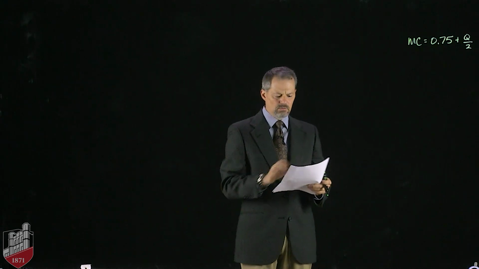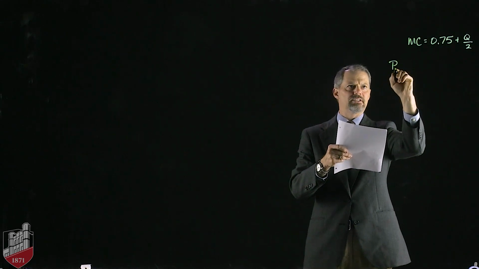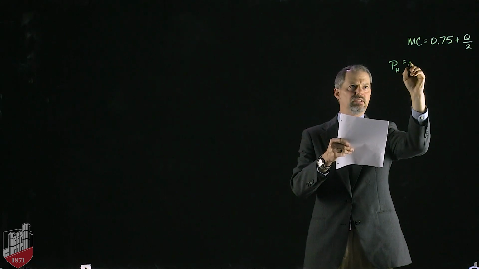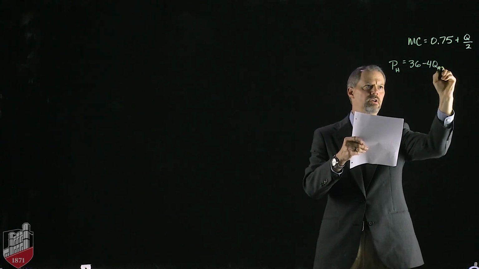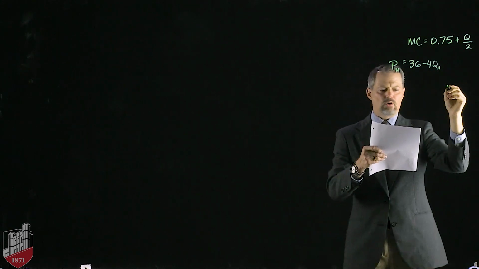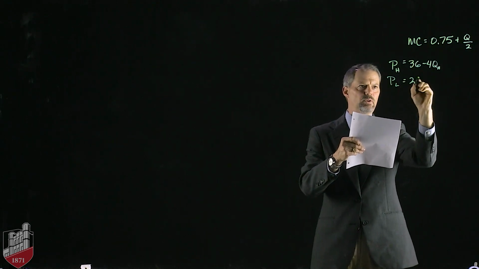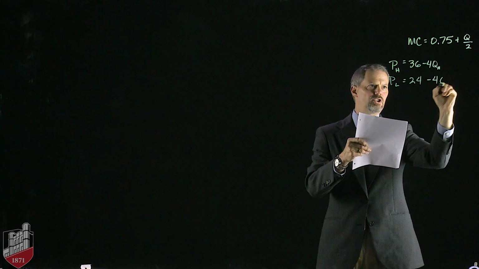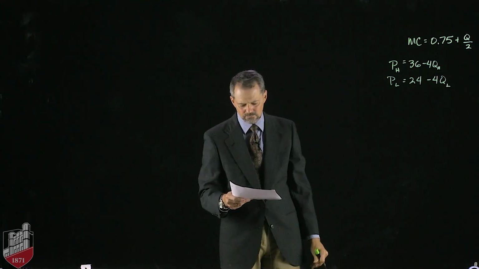So now, remember our inverse demand curves look like this. For our high willingness to pay group, it was PH equals 36 minus 4QH. And for our low willingness to pay group, it was PL equals 24 minus 4QL. So there's our inverse demand curves.